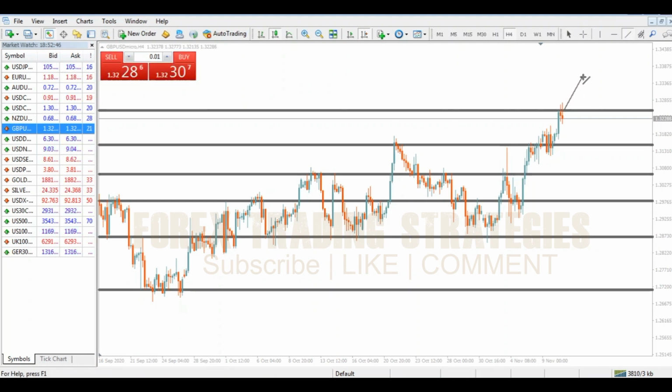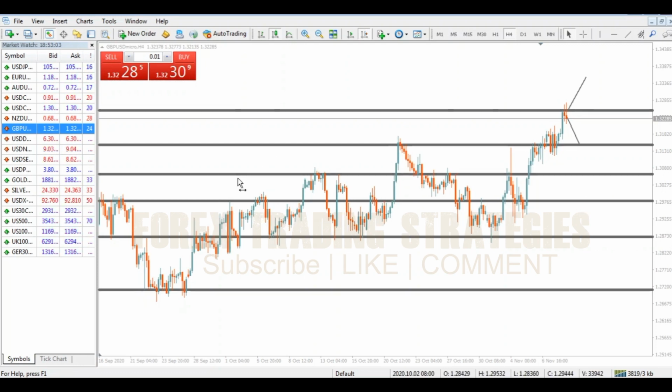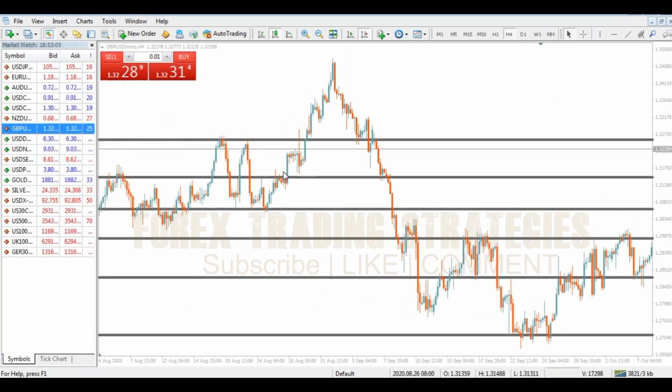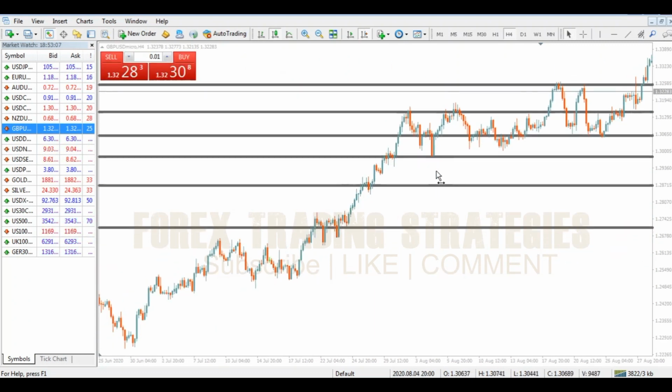Probably it's going to break out. If it does, then it's going to go up. But my money is price coming down here, because that's what it has been doing if we look back in history.